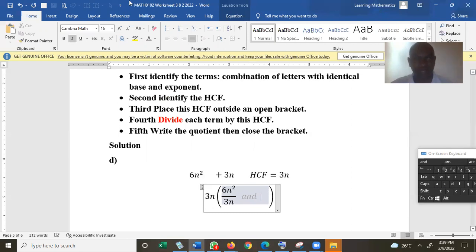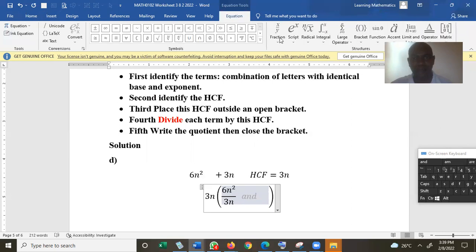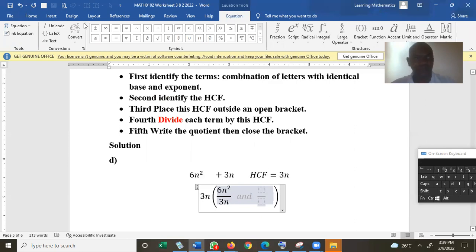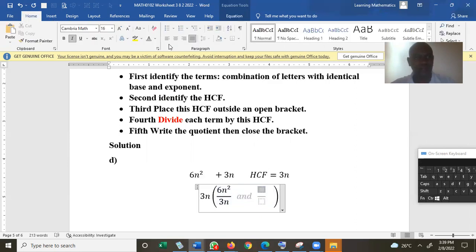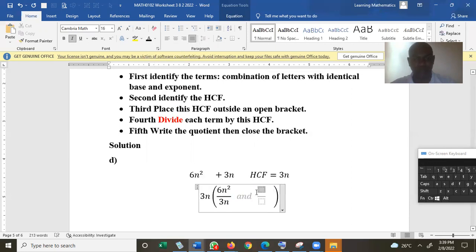I have to divide again, and I have to divide again. I have to divide the 3n there by that 3n that is outside there.